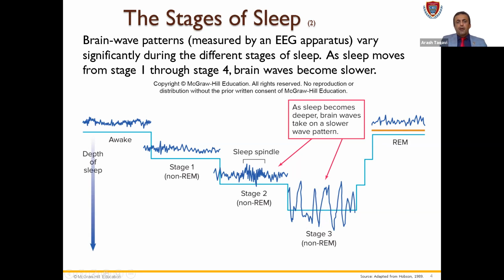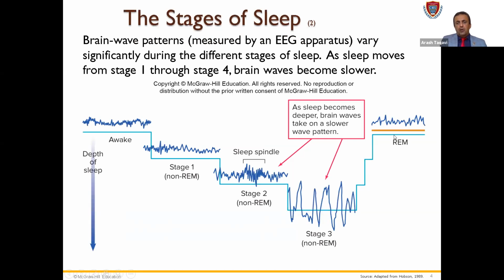As sleep moves from stage 1 through stage 4, brain waves become slower and your level of consciousness will be deeper, you will be sleepier, with reduced reaction to external stimuli, as you see here.